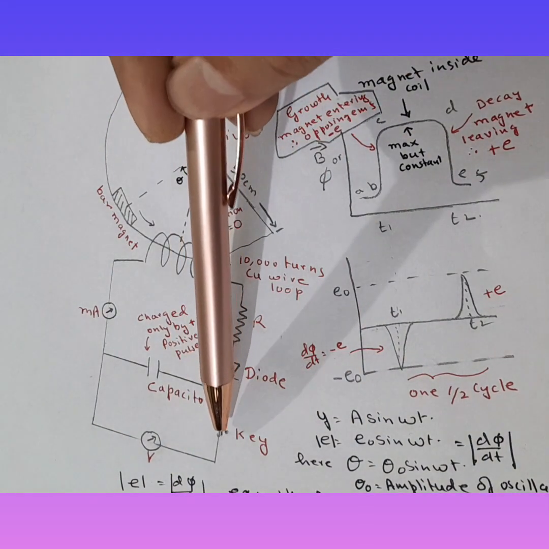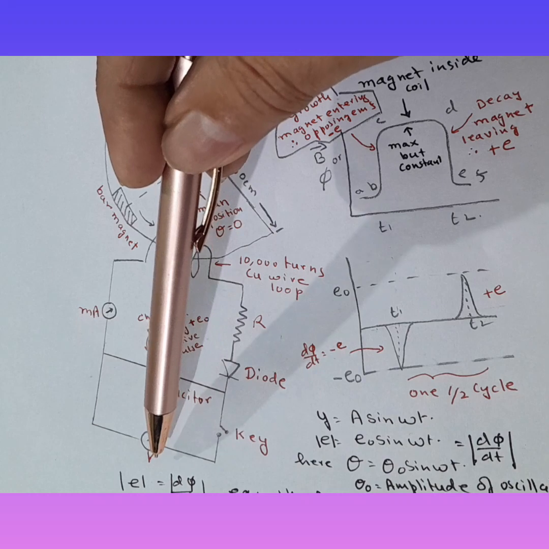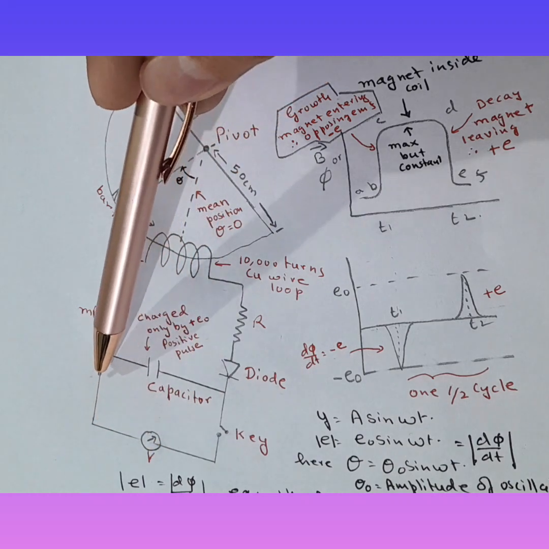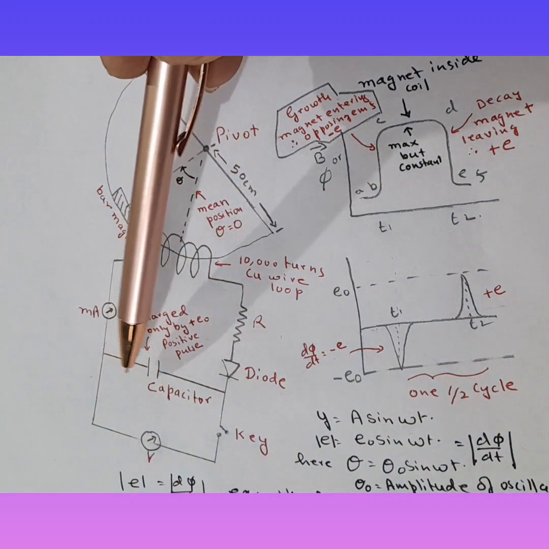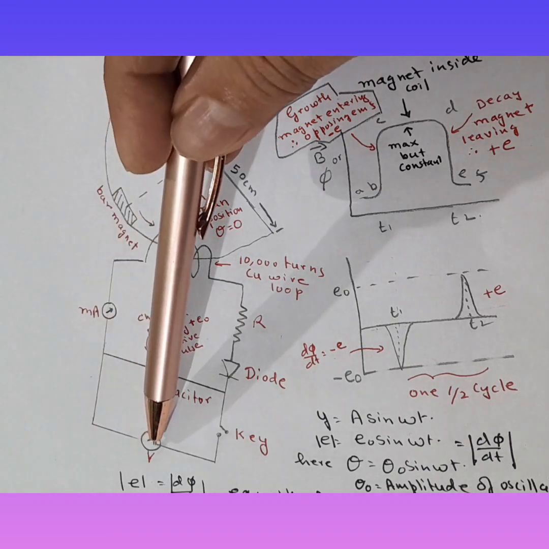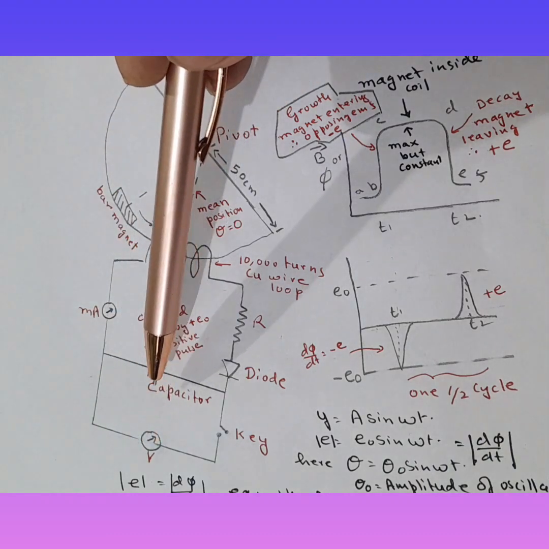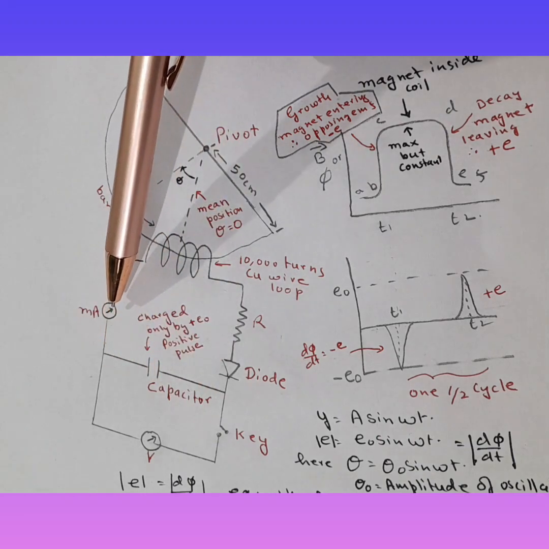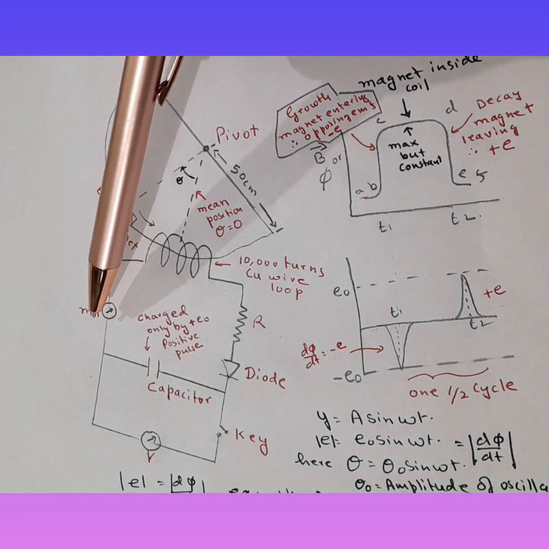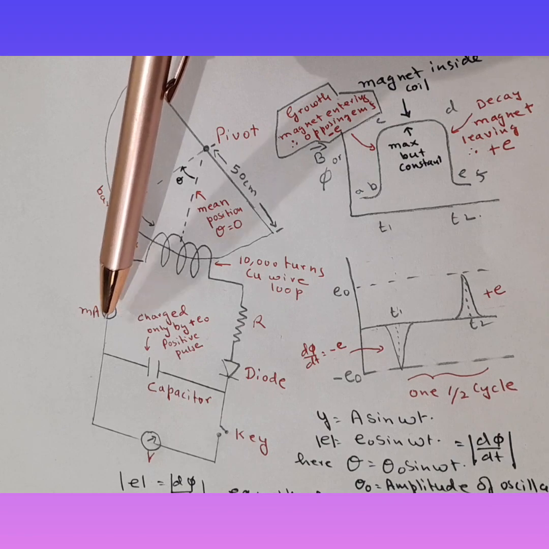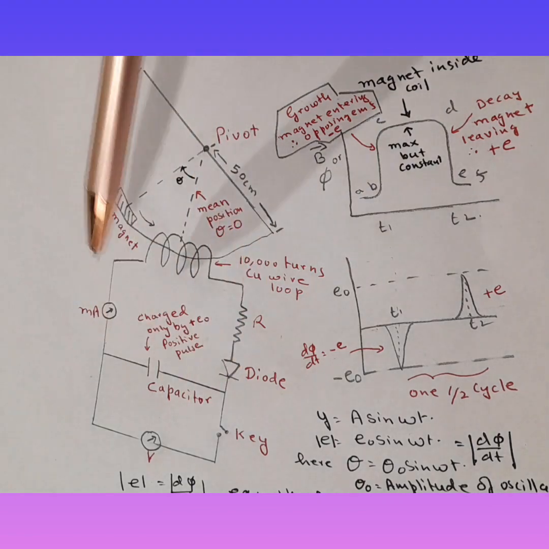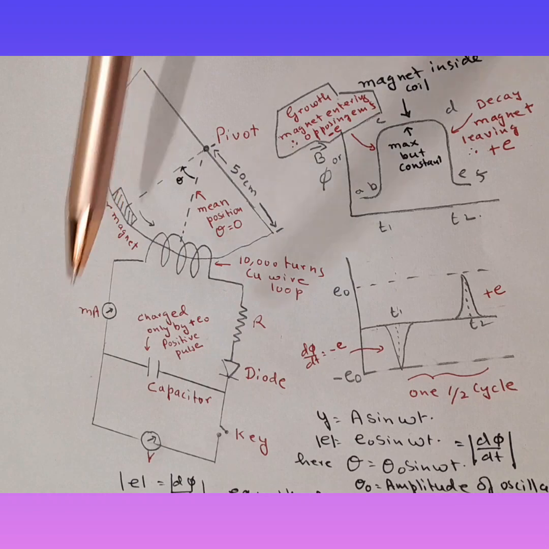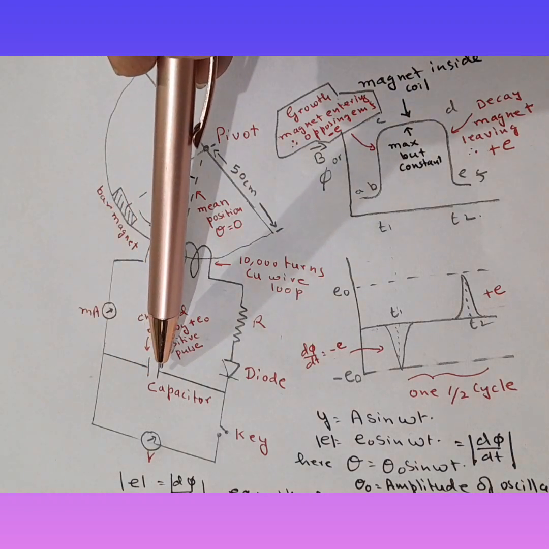Then this is a voltmeter, and in parallel is connected a capacitor. We know that a voltmeter always has to be connected in parallel with the capacitor, and to measure current we have a milliammeter over here. So what's the mission of all this process? The mission is to charge the capacitor.